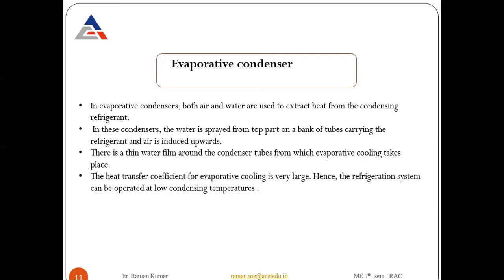So the heat transfer coefficient of this type of evaporative condenser is very large as compared to other types of condenser. Why? Because both water and air are used. Hence, the refrigeration system can be operated at a low condensing temperature.